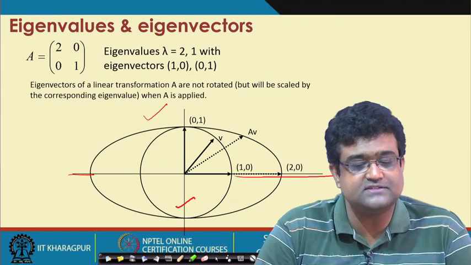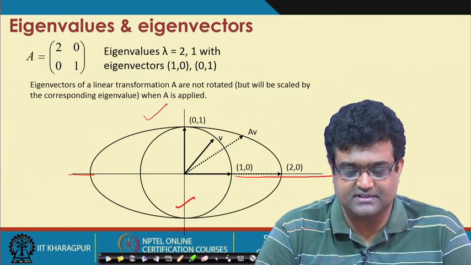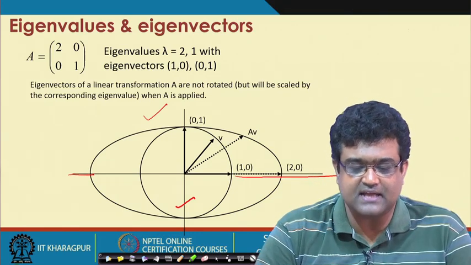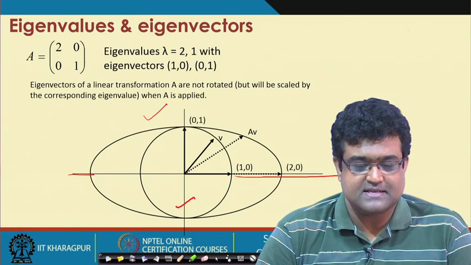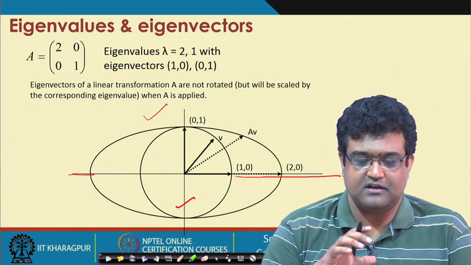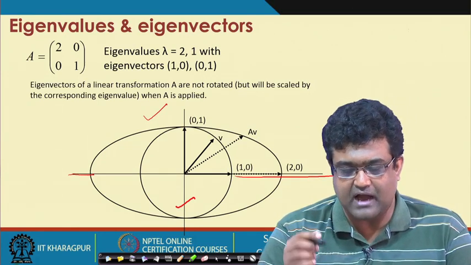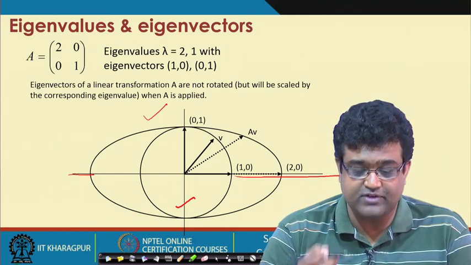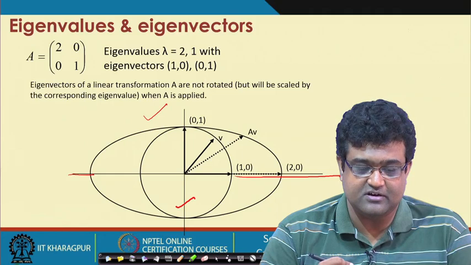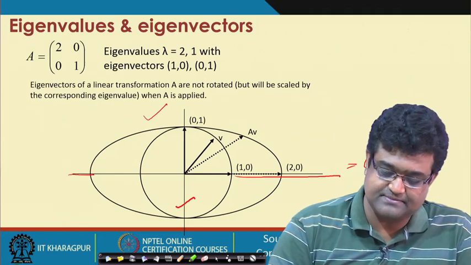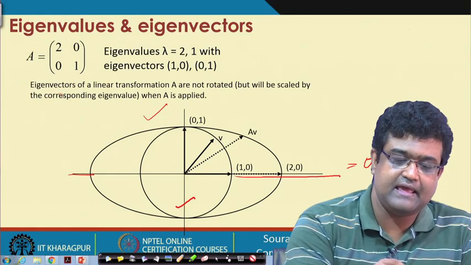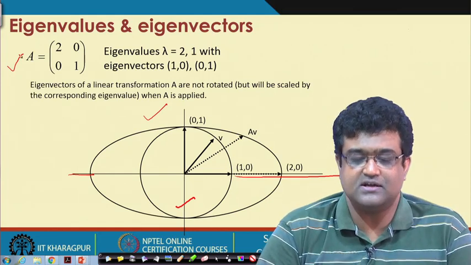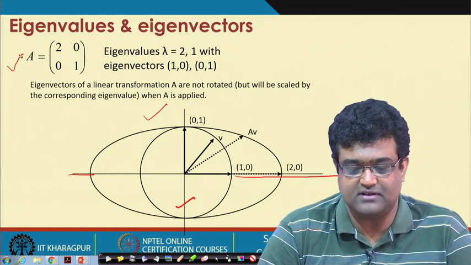Now, the significance of eigenvalues and eigenvectors is that eigenvectors are the directions in which any vector, when transformed by this matrix A, is just rescaled by the eigenvalue.